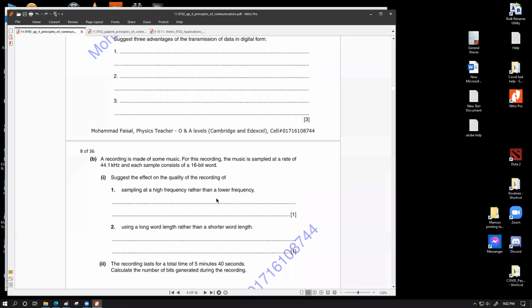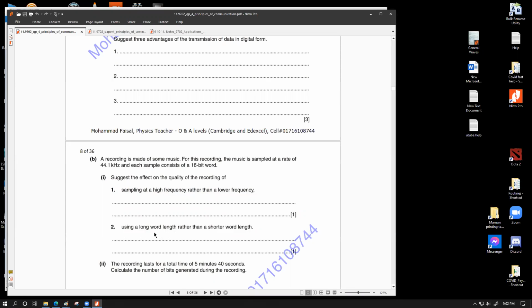Sampling at a higher frequency essentially allows you to record much higher frequencies, because, as we showed in the earlier class, Nyquist proved that to be able to recover the analog signal from its digital conversion, the sampling must be done at a frequency at least double the maximum frequency component of the audio signal.